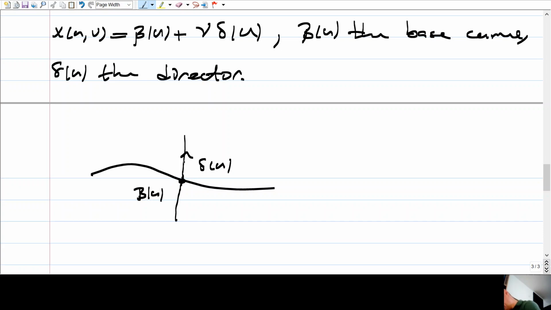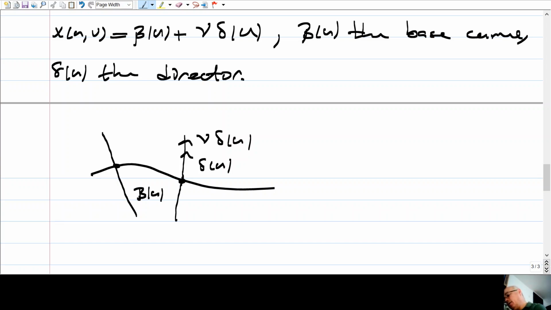So beta plus gamma(u) is this point, but I have also this constant v, so this is, for example, v times gamma(u). At each point, as you change v, you just move on this line. That's why this is called the director curve, and this is the base curve. Of course, here you may have another director curve and another line, so you have just a set of lines moving on this curve.